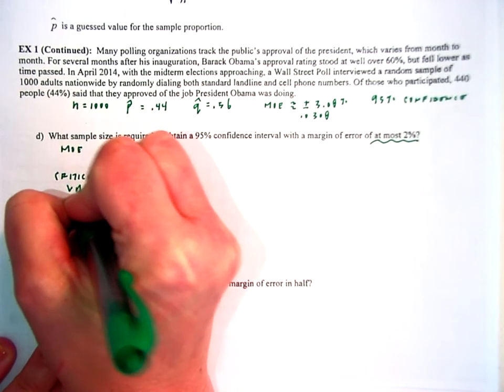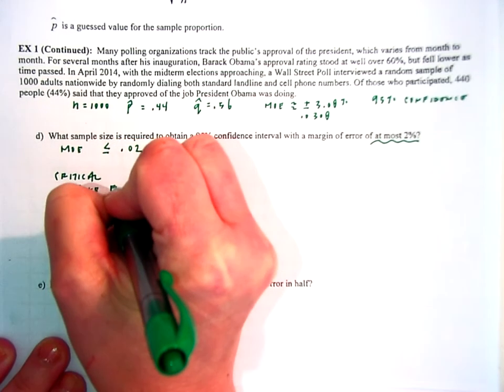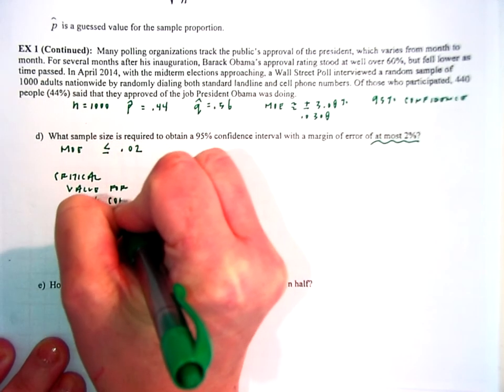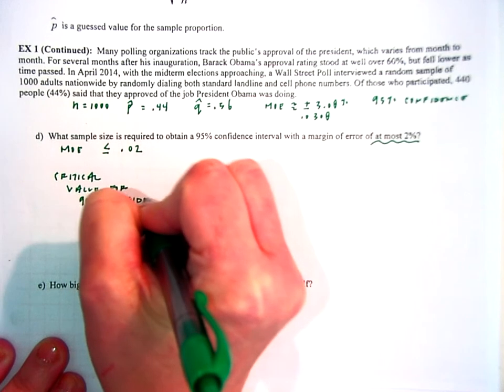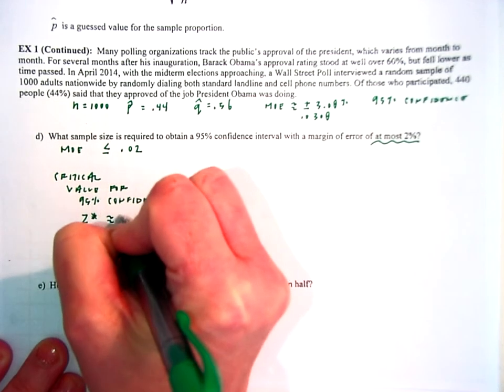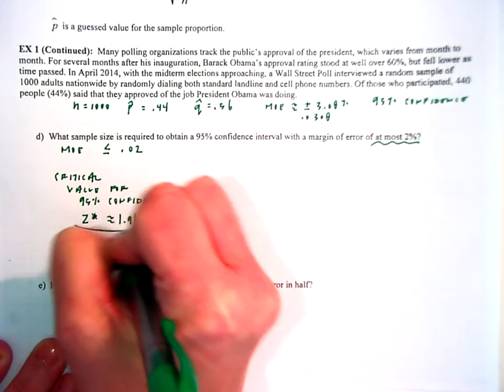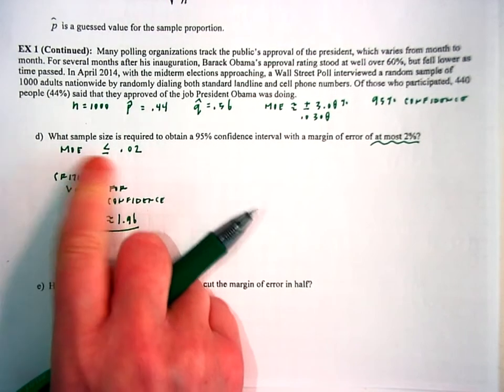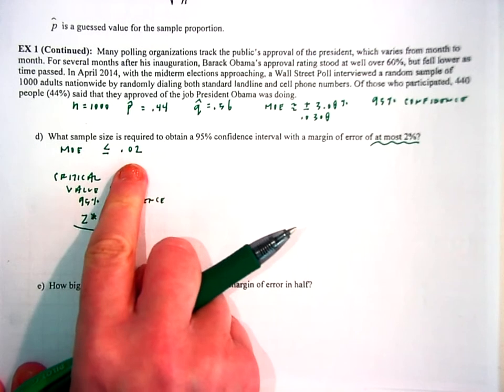So critical value for 95% confidence. We already solved for that too. That was about 1.96. Okay, so now margin of error less than or equal to 0.02.